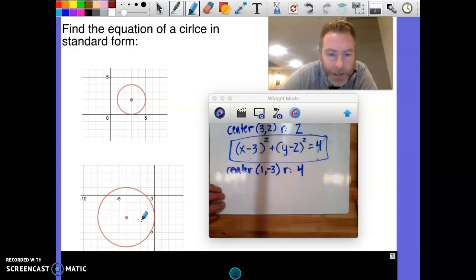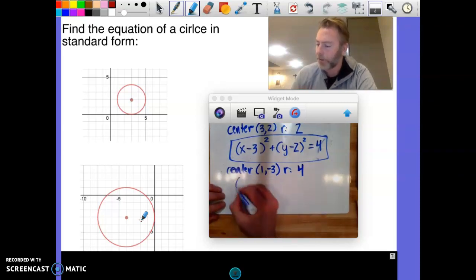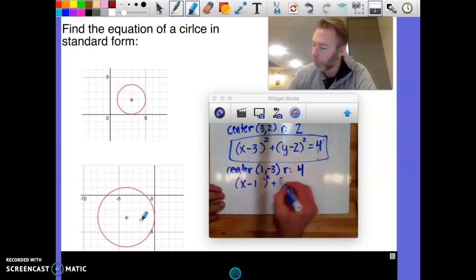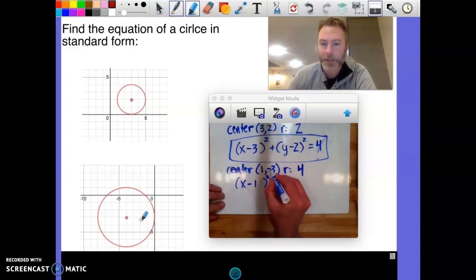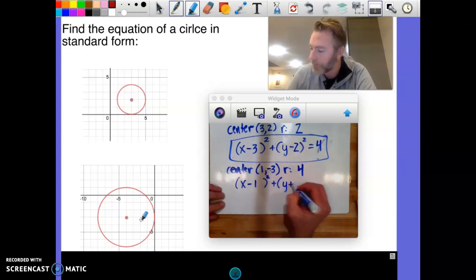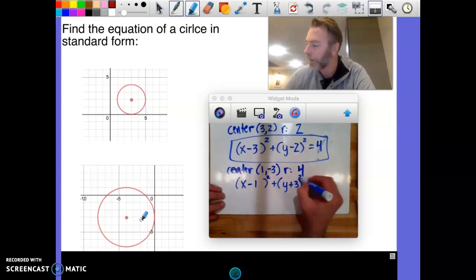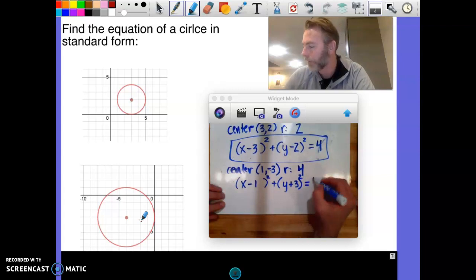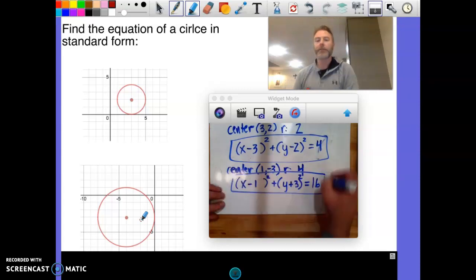Let's just double check. 1, 1, 2, 3. Good. So when we set up our equation, it's going to be x minus 1 squared plus y minus a minus 3, that's y plus 3, that double negative, squared equals 4 squared. 4 squared is 16. Final, equation in standard form.